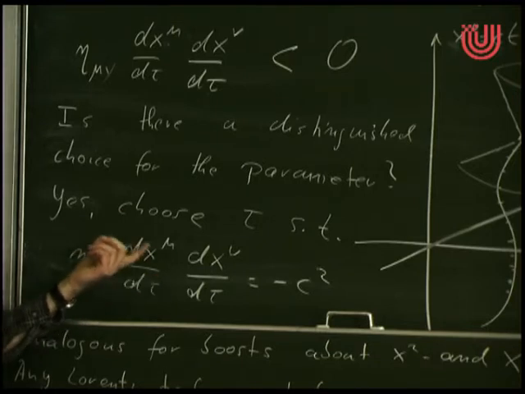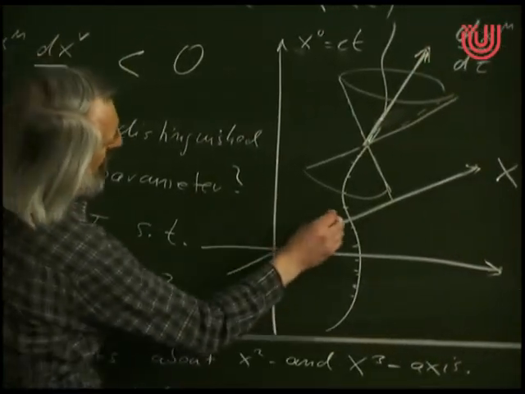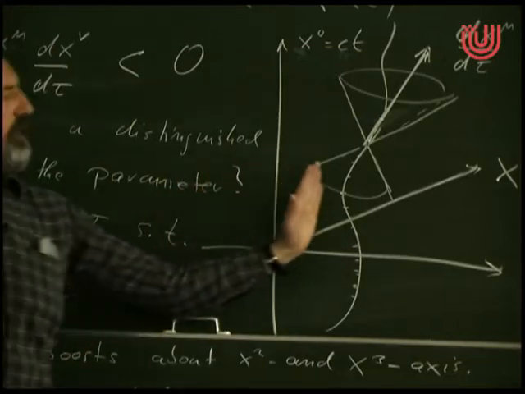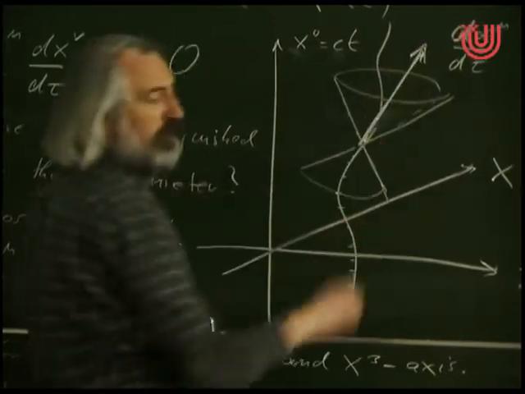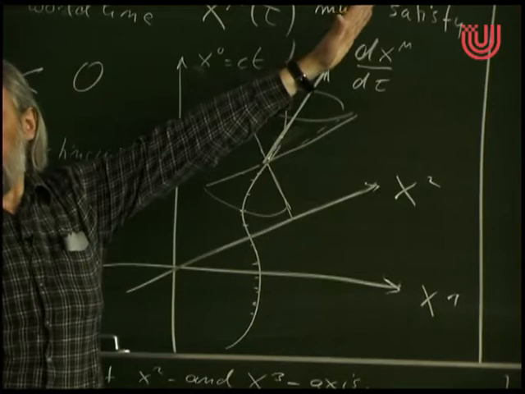Of course, this can be done only for particular events, because the particle moves in an accelerated way. Here at this moment, it is at rest in the inertial system which I have chosen. Here the tangent is vertical. But here at this moment, it is at rest in another inertial system, where this is the x naught axis.